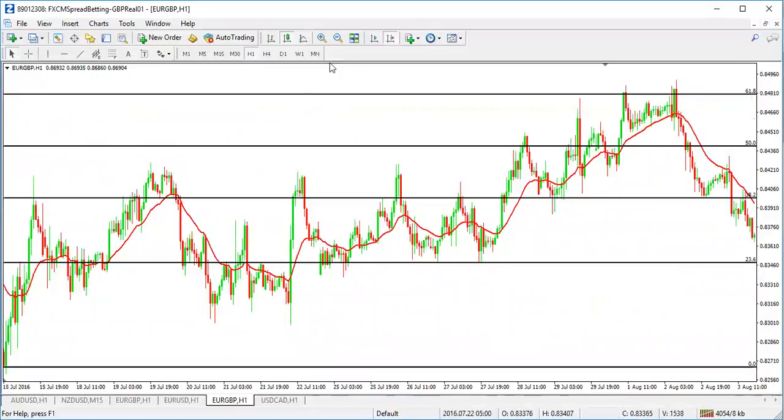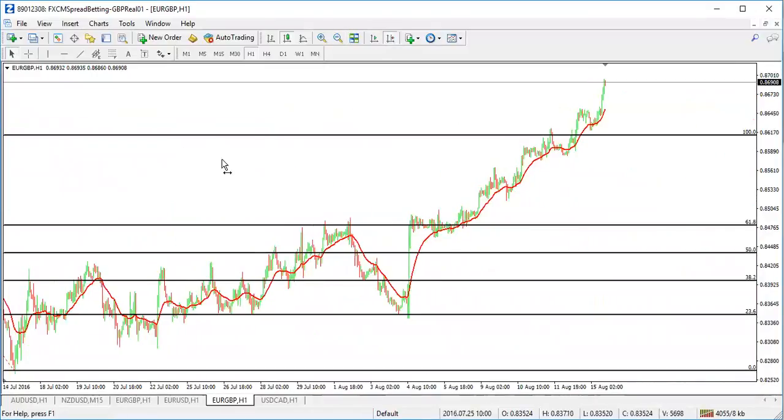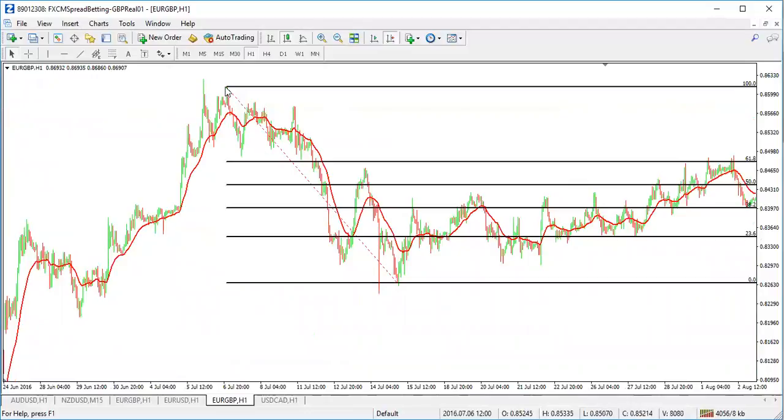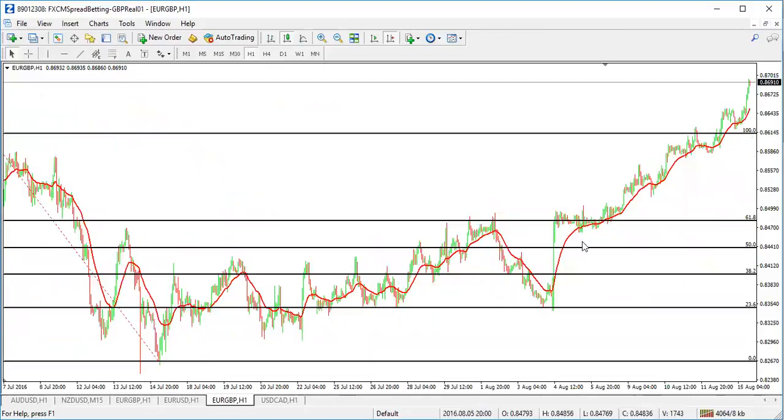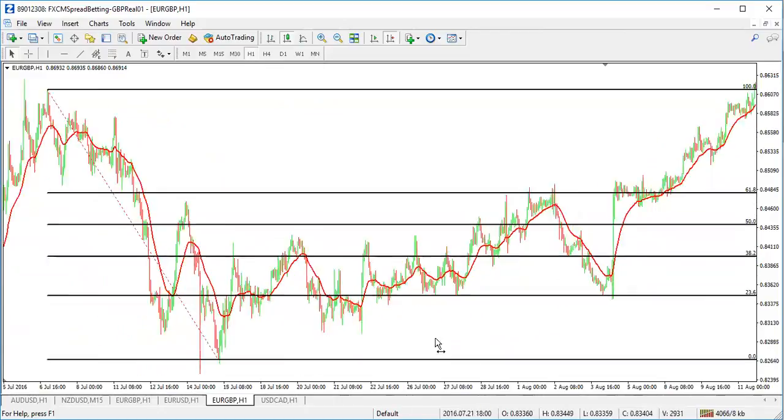Now, if you look, what's significant about this is I've drawn this from this high to this low from back on the 14th of July. And now it's found it once, twice, 3 times, 4 times, 5 times, 6, 7, 8, 9, 10, 11 points in about 2 weeks.